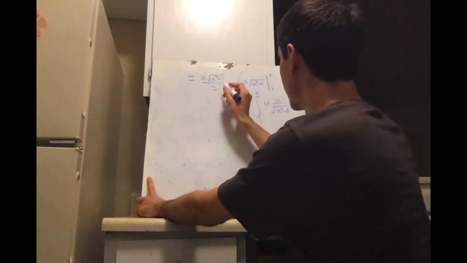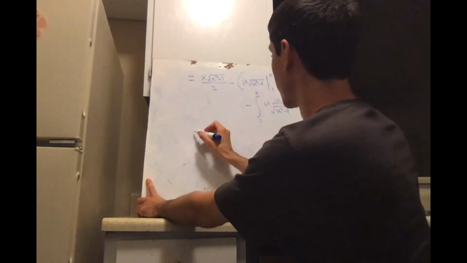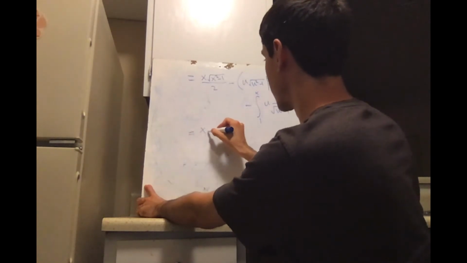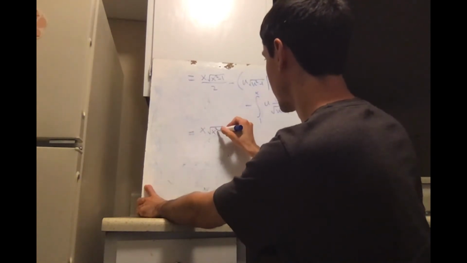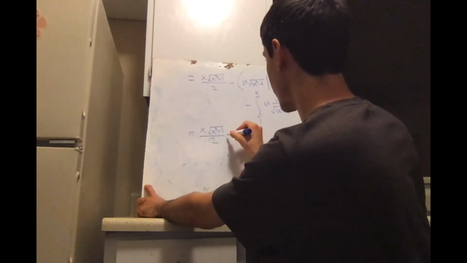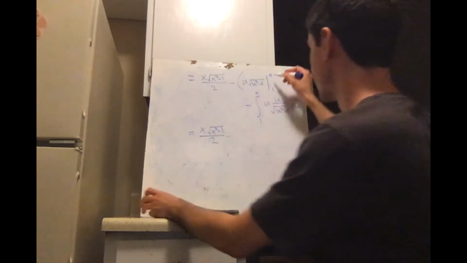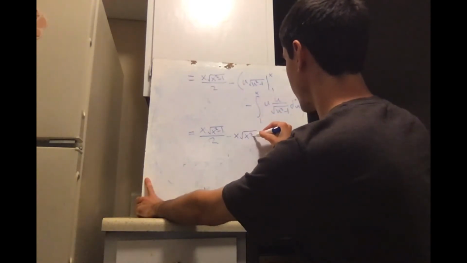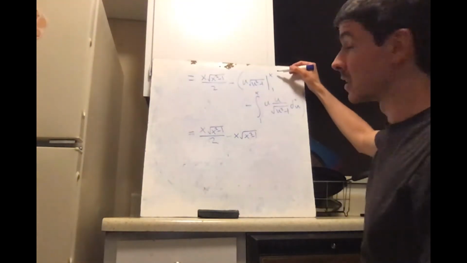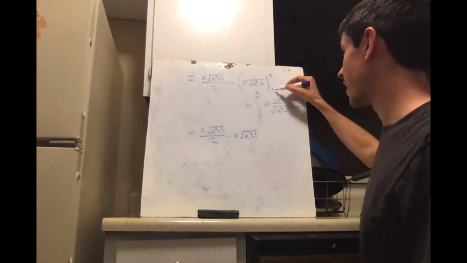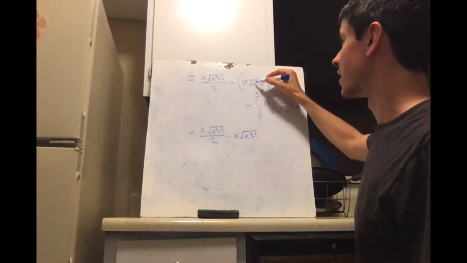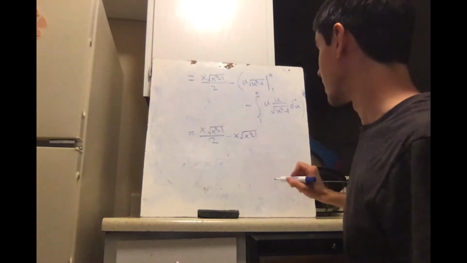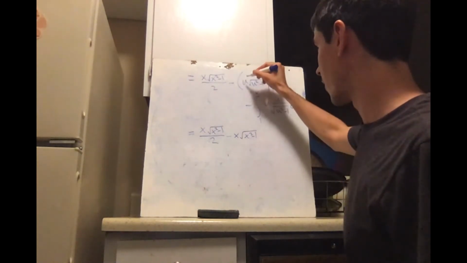So here we have this equals x times the square root of x squared minus 1 over 2, and minus x over the square root of x squared minus 1, evaluated at the top, and then subtract the same expression evaluated at the bottom. But when you put a 1 in here, this becomes the square root of 1 squared minus 1, which is just 0, and so it disappears.